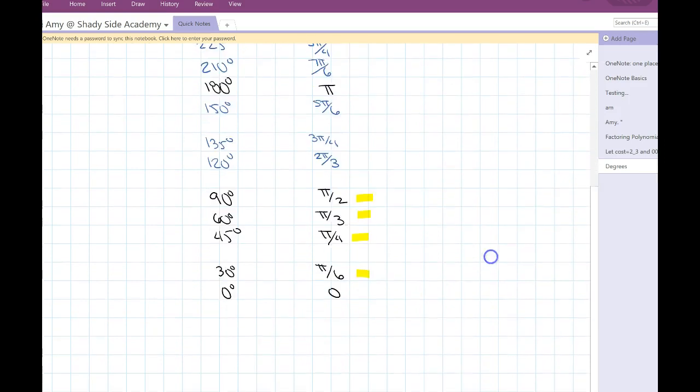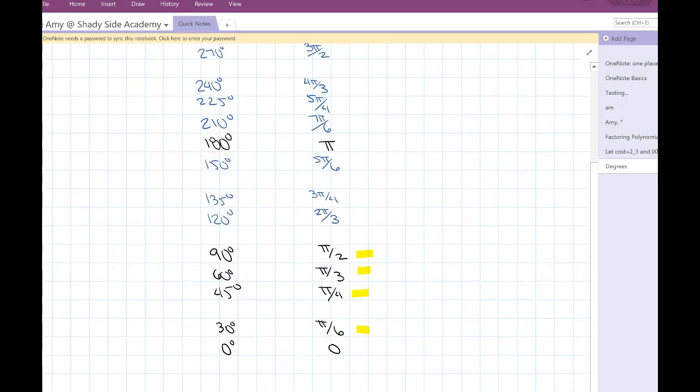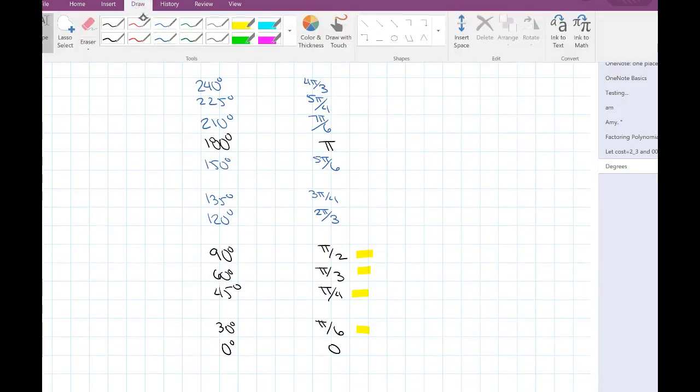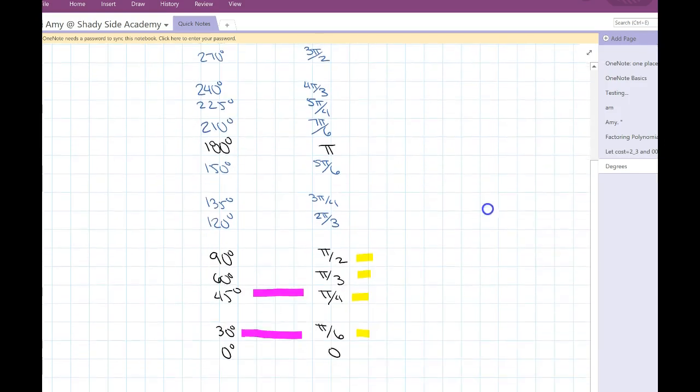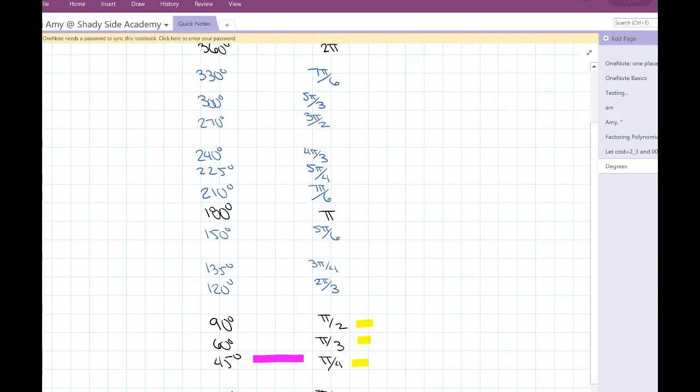But in terms of quick recall, really all you need to memorize for fast recall are these two: 30 degrees being pi over 6 and 45 being pi over 4, because everything else is just a multiple of 30 and 45. All of these angles here are just a multiple of 30 or 45 degrees.